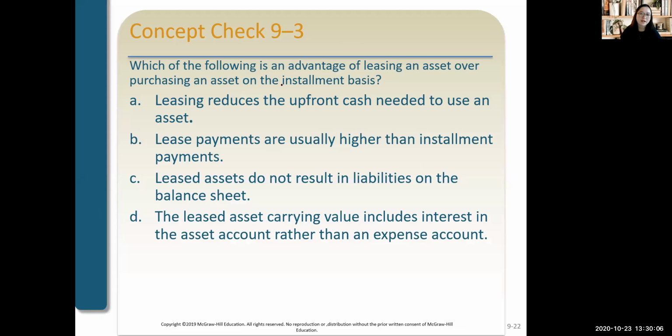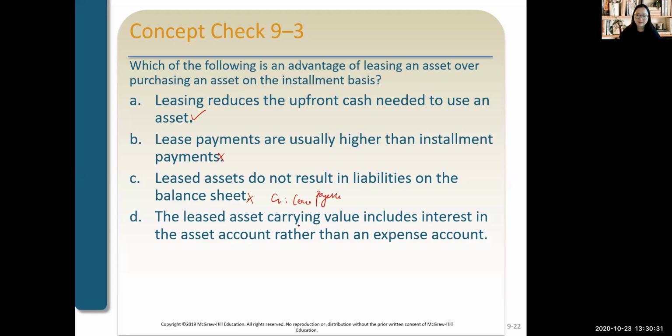Which of the following is an advantage of leasing an asset over purchasing an asset on an installment basis? Leasing reduces the upfront cash needed to use an asset. Absolutely. Lease payments are usually higher than installment payments. No, it should be lower. Leased assets do not result in a liability on the balance sheet. No, right? We credit the lease payable.